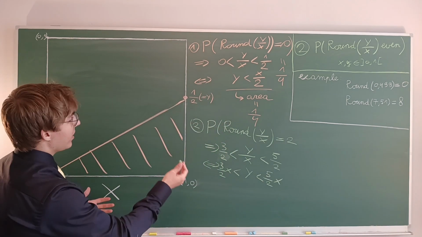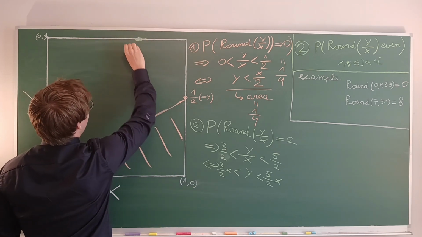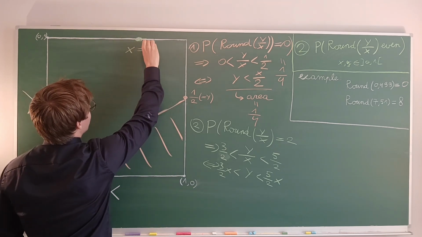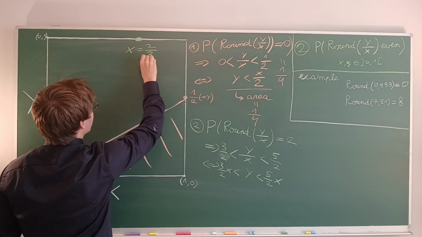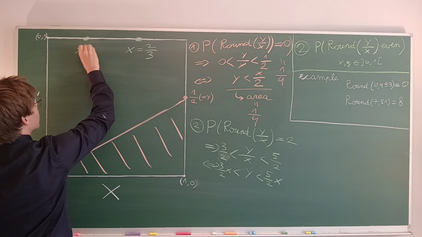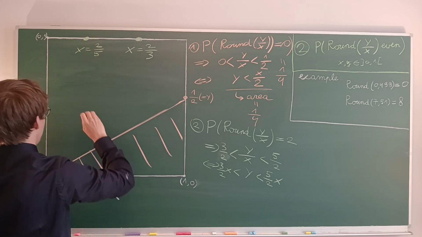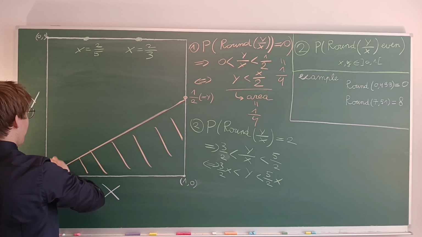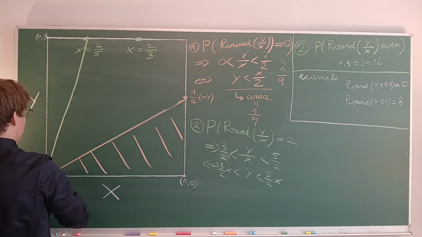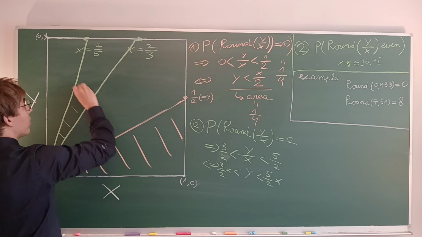Now if we will graph this, then these points will have x equals 2/3 and x equals 2/5. And now we need the area of this triangle.